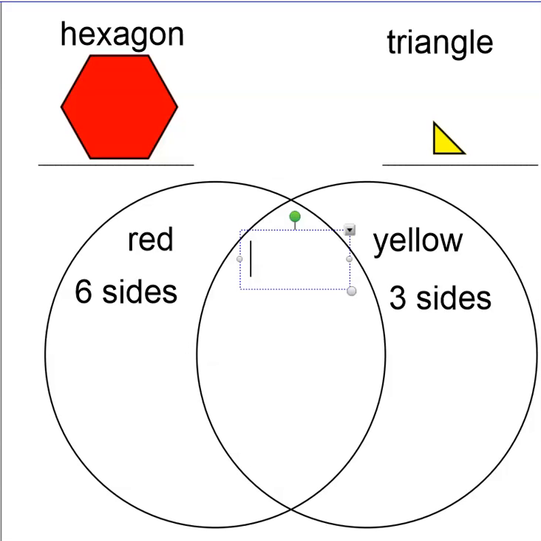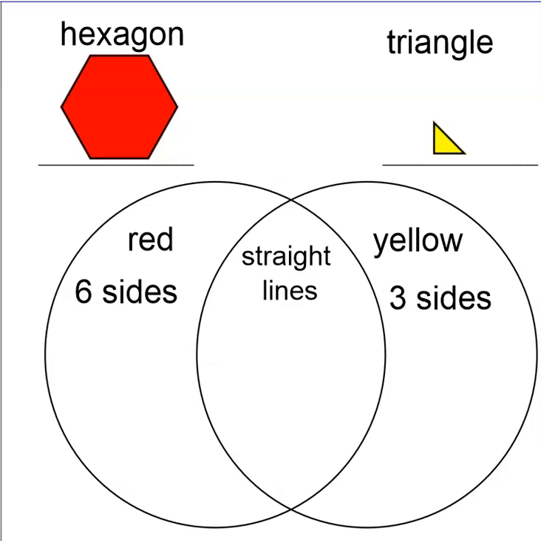That's right, they have straight lines. So they have straight lines. They both have straight lines, don't they? This hexagon is made up of straight lines that are connected together, and so is the triangle.